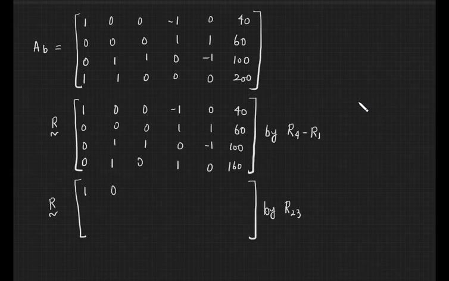We'll write down its entries first, 0 40, and write down the elements of R3 in place of R2, 0 1 1 0 minus 1 100, and write down the entries of R2 in place of R3, 0 0 0 1 1 60, and then write down the entries of the fourth row, which is written here.